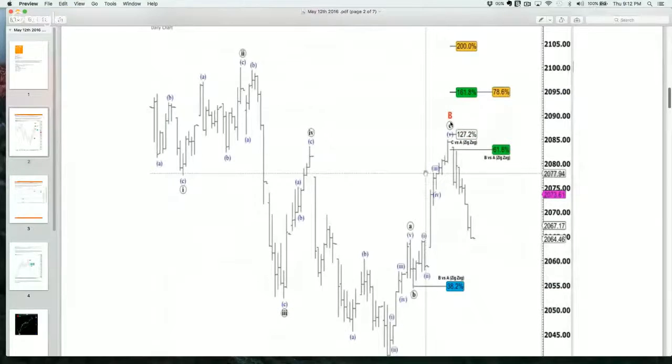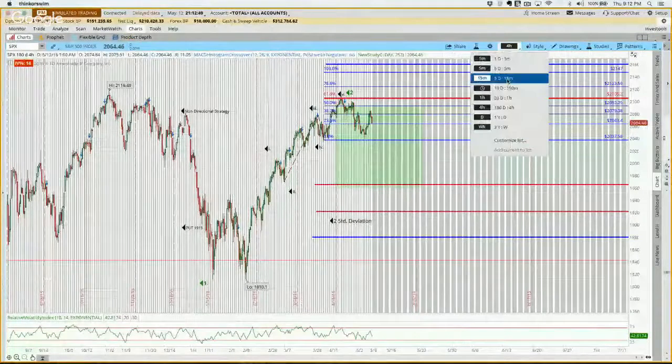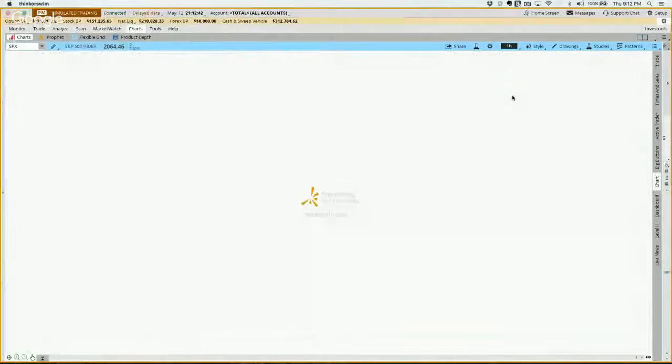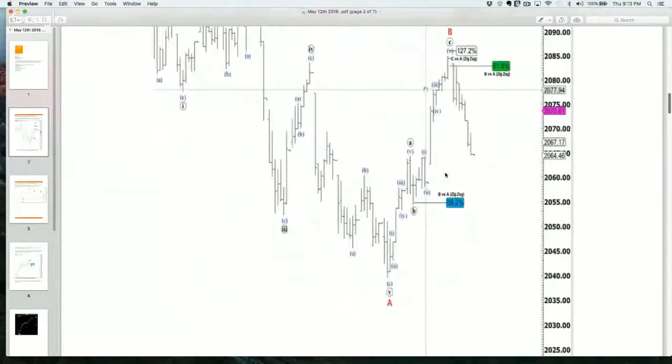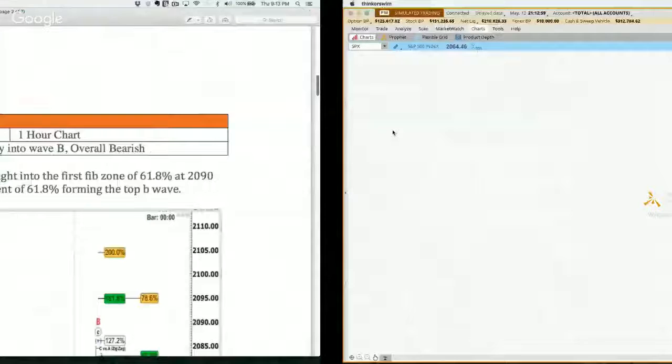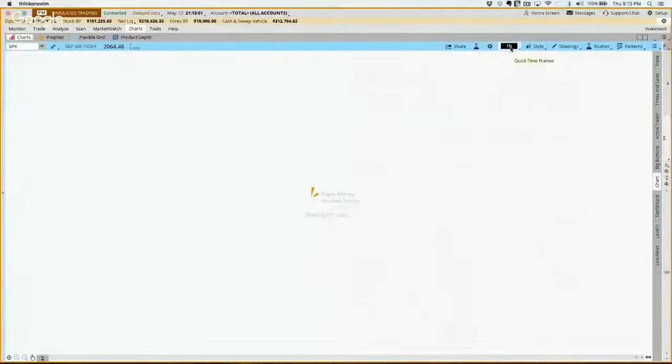Yeah. Although you might be late because the ideal entry for this bearish wave is supposed to be yesterday when the market was open. Okay. But I'll still show you step by step how to identify wave B. All right. So this is a 1 hour chart. So I'll be switching to 1 hour on the TOS platform.